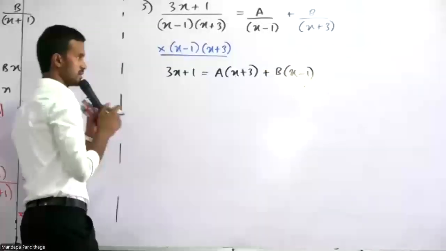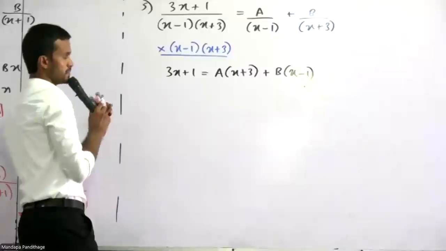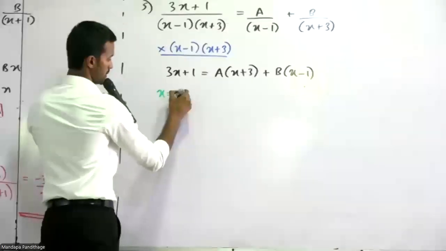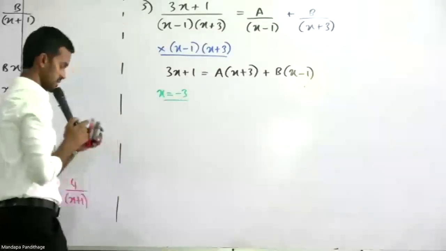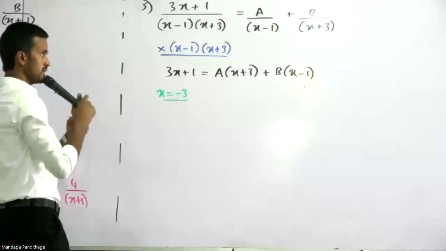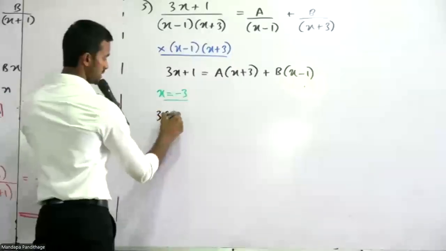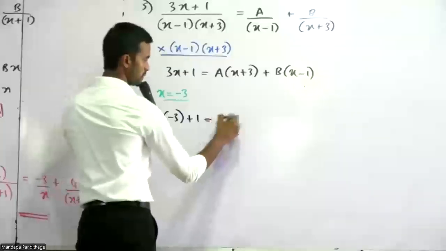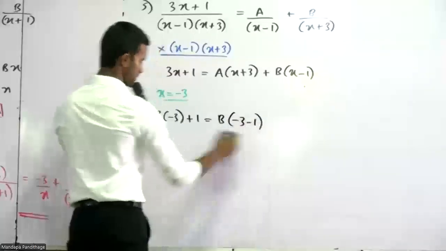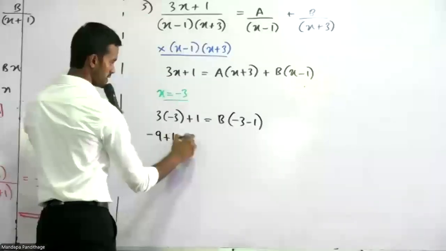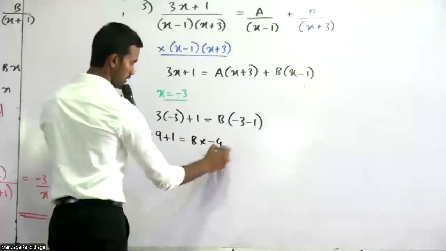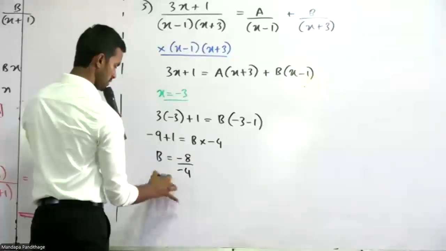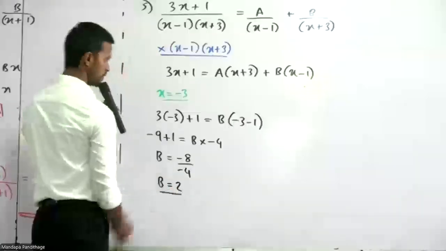So you can substitute values such that these factors become 0. When you put x equals minus 3, it's 3 into minus 3 plus 1 is equal to... You don't have to write this, it becomes 0. Minus 3 minus 1. So here it's minus 9 plus 1 is equal to b into minus 4. So b is equal to minus 8 divided by minus 4, which becomes b is equal to 2.